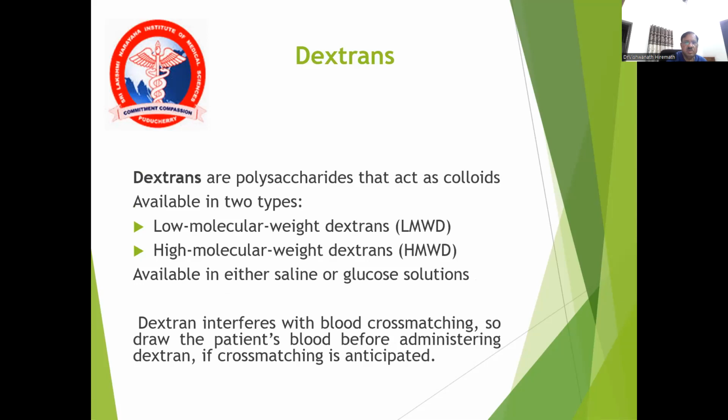Next, colloids include dextrans. Dextrans are available as low molecular weight dextrans and high molecular weight dextrans. They are polysaccharides. Dextrans interfere with blood cross matching, so draw the patient's blood before administering the dextran if cross matching is anticipated.